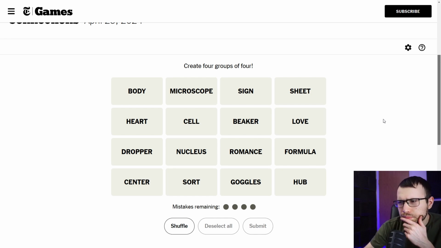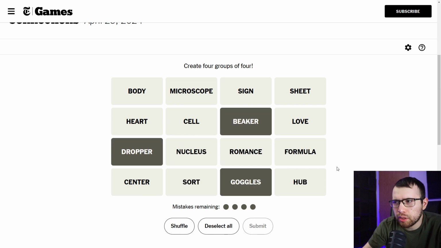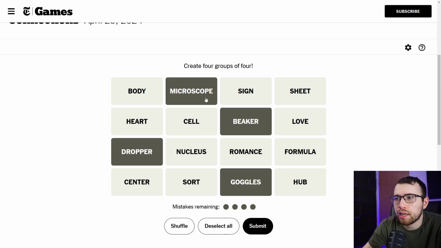Okay, let's see. I see beaker, dropper, goggles could be something that you would use in chemistry class, and a microscope. I guess you would also look at a cell, maybe under a microscope. Well, you got cell and nucleus on here.